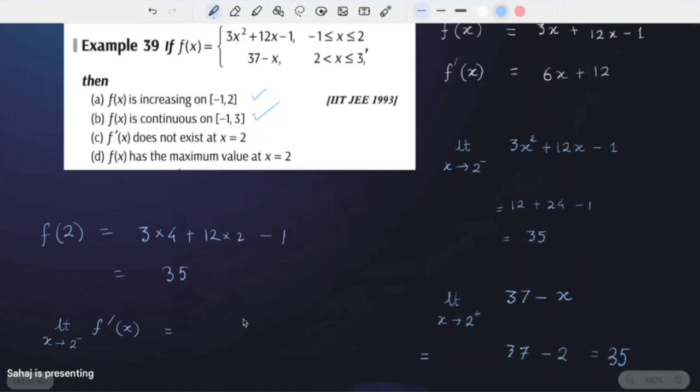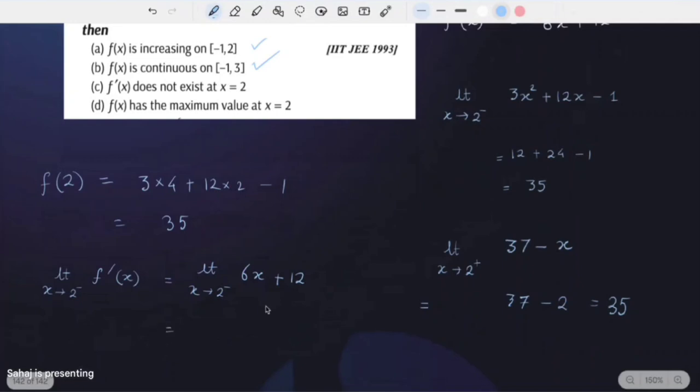And f prime of x is 6x plus 12. So 12 plus 12, it's 24.